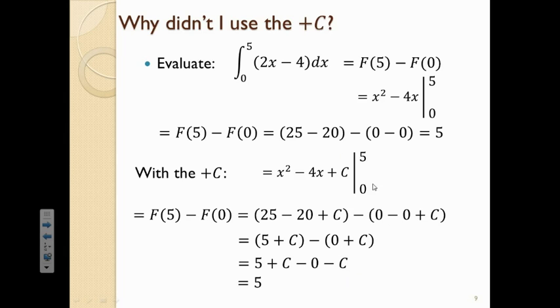Concept-wise, if we had the function, the x squared minus 4x plus c, if c was 1, that's going to take these values and push them up 1. So let's say that the value would be here.